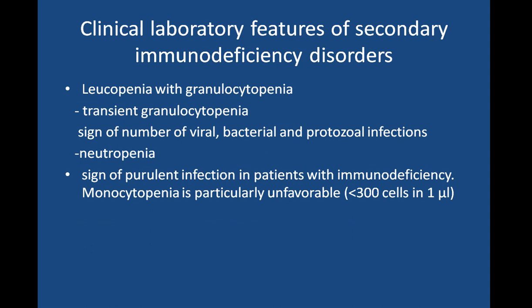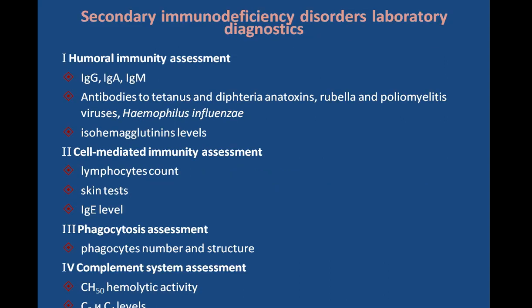Leukopenia with granulocytopenia, transient granulocytopenia, sign of a number of viral, bacterial and protozoal infections; neutropenia, sign of purulent infection in patients with immunodeficiency; monocytopenia is particularly unfavorable, less than 300 cells in 1 cubic milliliter.